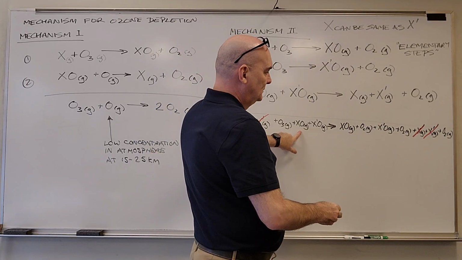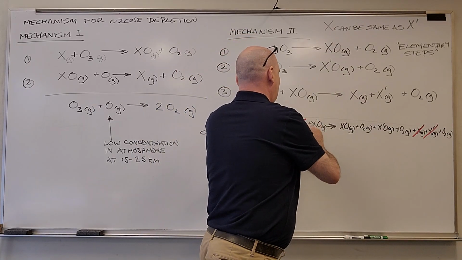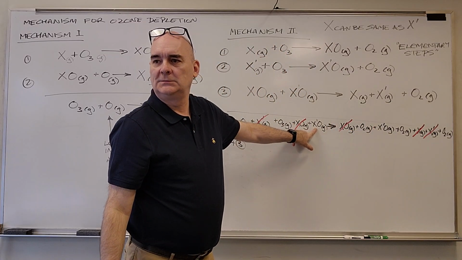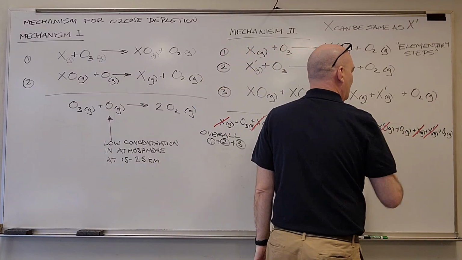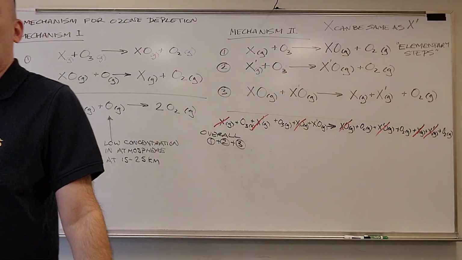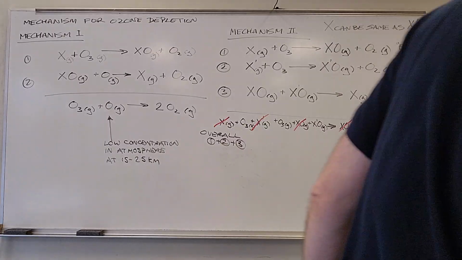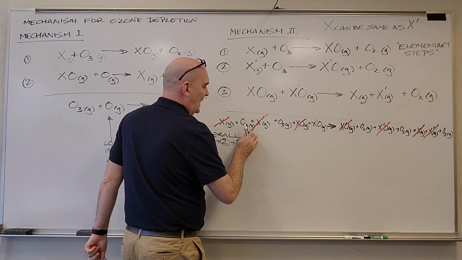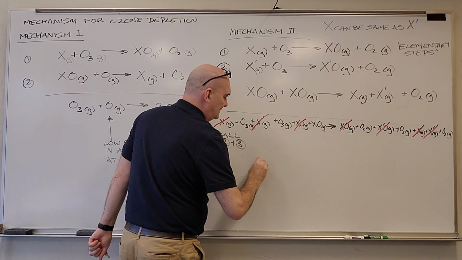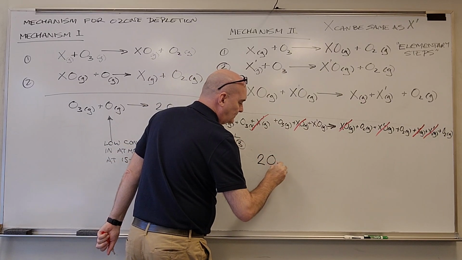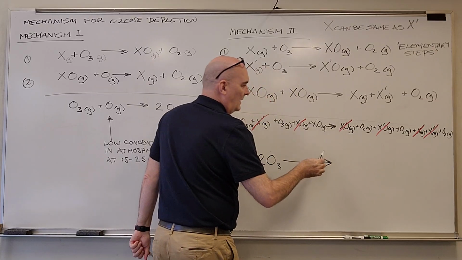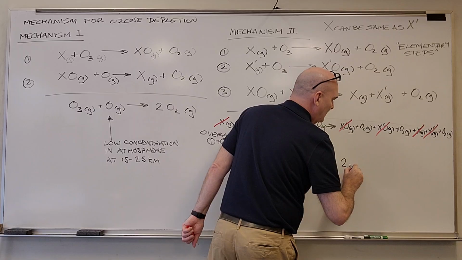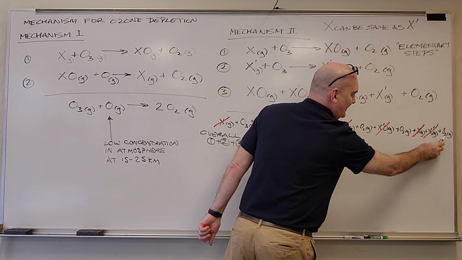XO. Most of what we've written down goes away. Which then gets to be, I have an O3 and an O3, makes an O2 and an O2. Oh, and an O2.